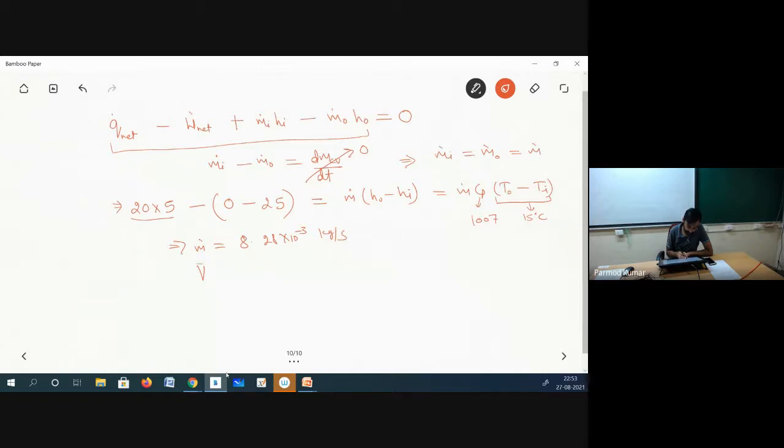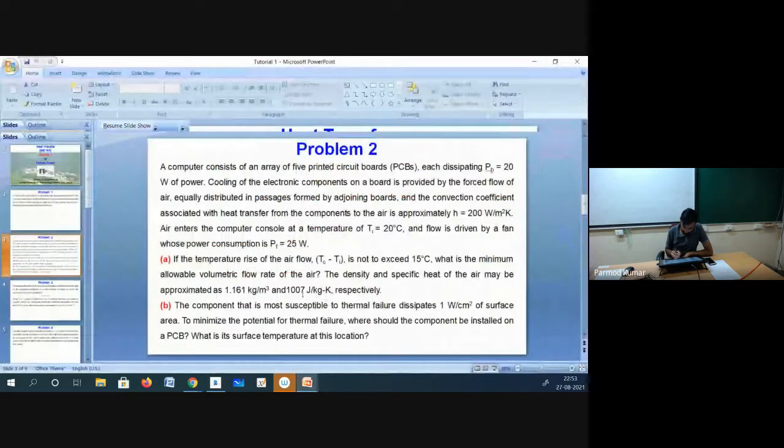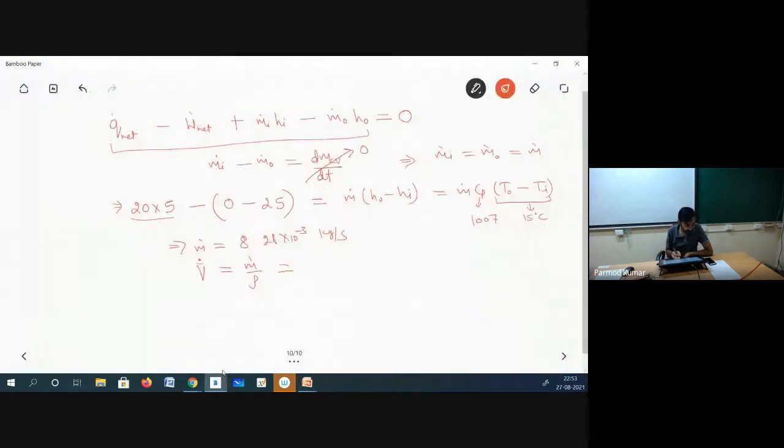I am calling V bar as volume and V bar dot as volumetric flow rate, which will be m dot by rho, and rho is also given in the question as 1.161. So I will find volumetric flow rate to be 7.13 into 10 to the power minus 3 meter cube per second.